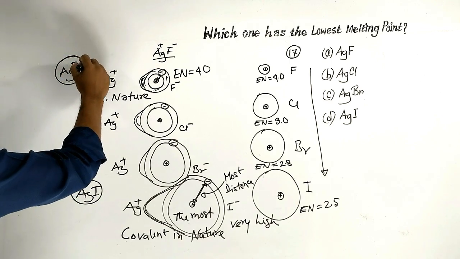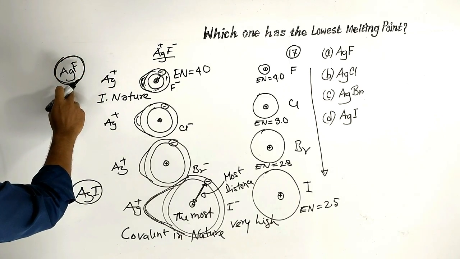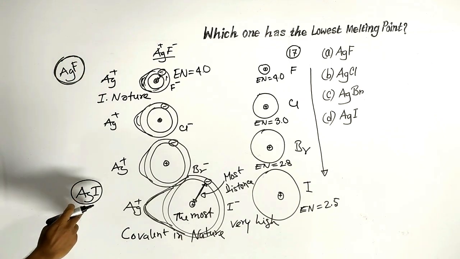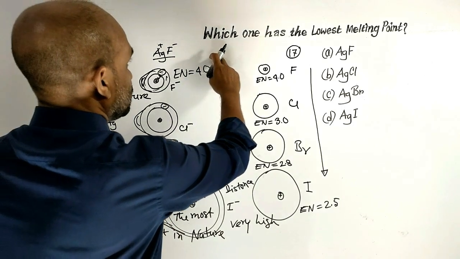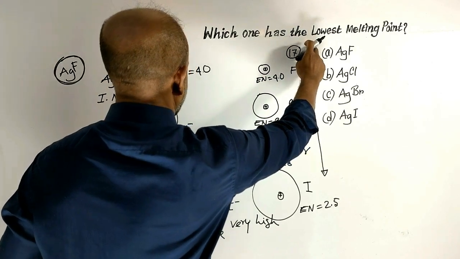Silver fluoride retains its ionic nature, but silver iodide turns into covalent in nature. Now, which one has the lowest melting point?